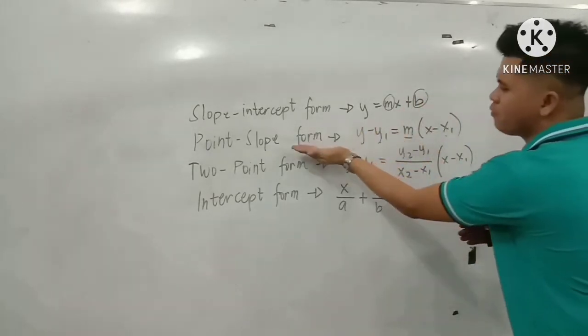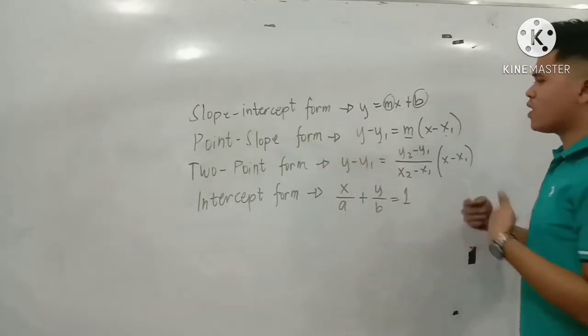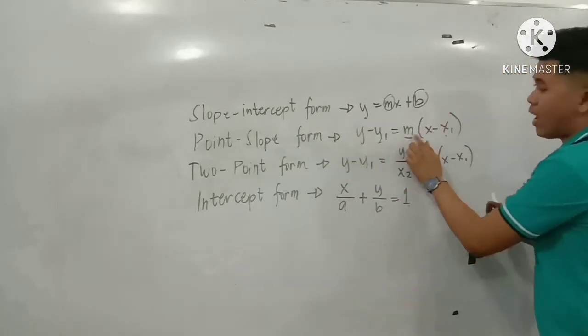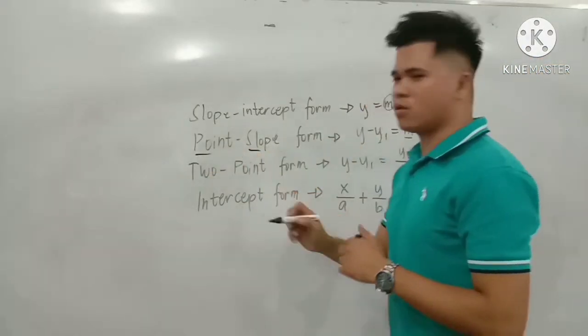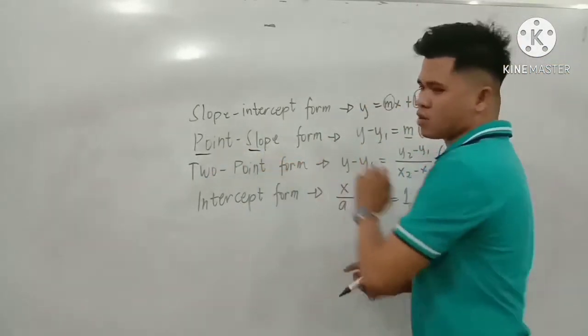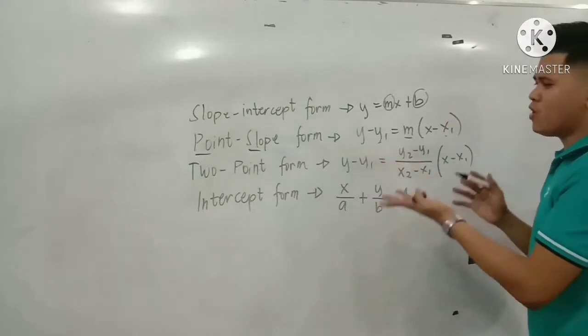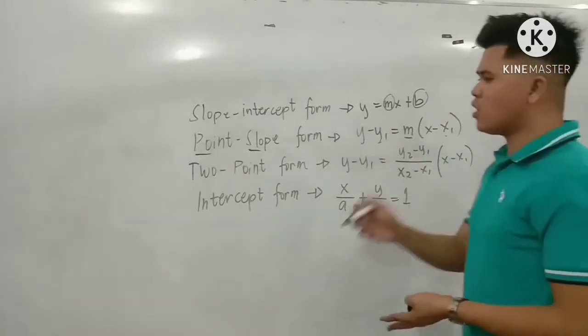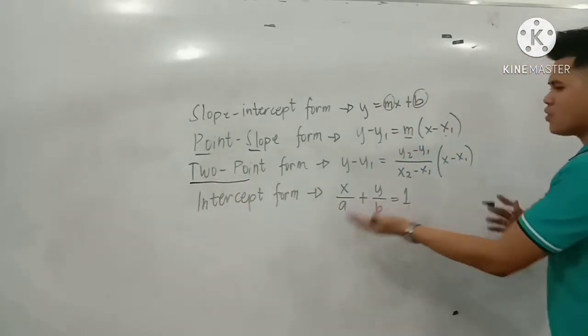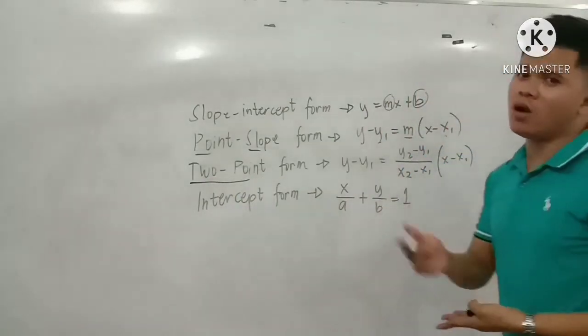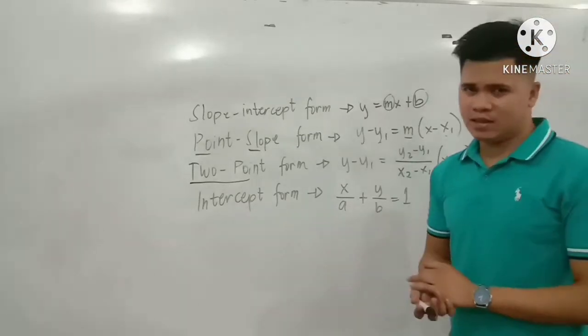The point-slope form is used if the given are the slope and one point. The two-point form is used if there are 2 given points. The intercept form is used if the given are the intercepts of the line.